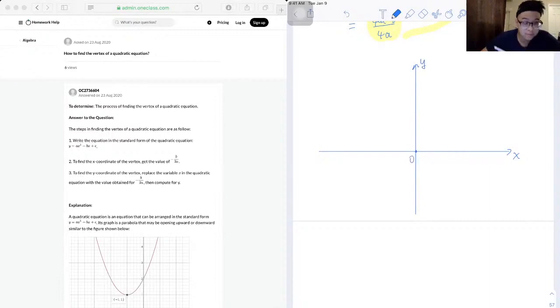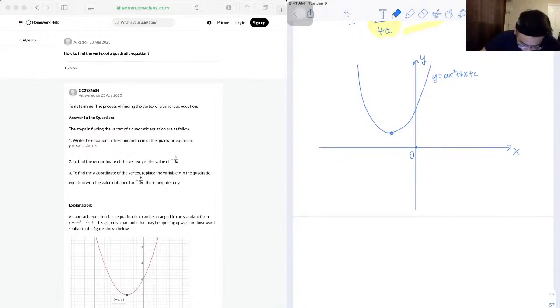That's 0, and we have our quadratic equation y is equal to ax squared plus bx plus c to represent this parabola.